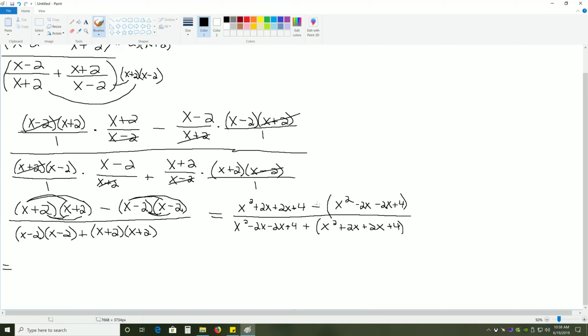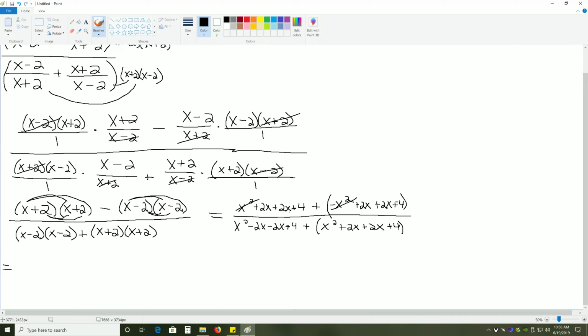So in the top, we have to first distribute this negative before we can combine our like terms. And whenever you distribute a negative, that just means you're going to make this a positive and change every sign in your parentheses. So we'll get a negative, a positive, and a negative. So that means our x squareds will cancel out.